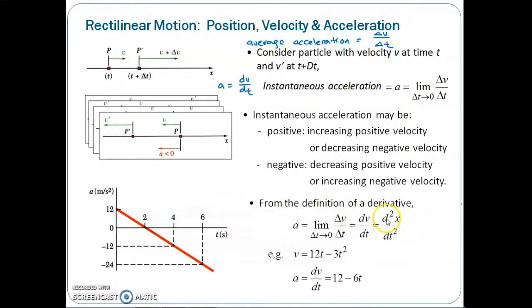From the definition of the derivative, the instantaneous acceleration a is defined as dv/dt, or if the position function is given over time, then it will be d²x/dt². So the instantaneous acceleration a can be given in the form of the function a over t, or in the form of graph a versus t.